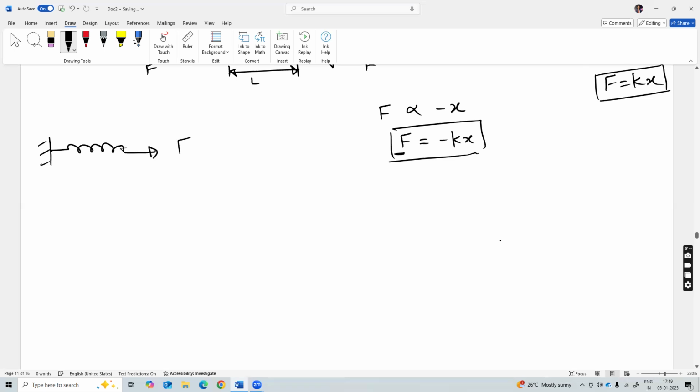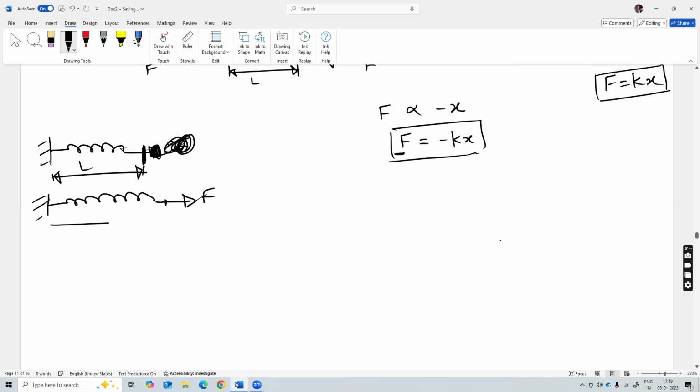So let's say you have a spring and you have applied force F. Initially the spring ends here, and this was the length of the spring, L. Now it became this much, and X is the change in length.